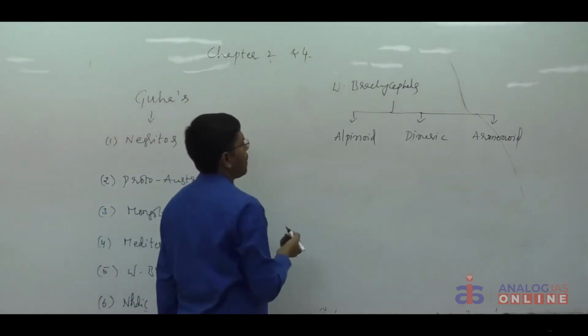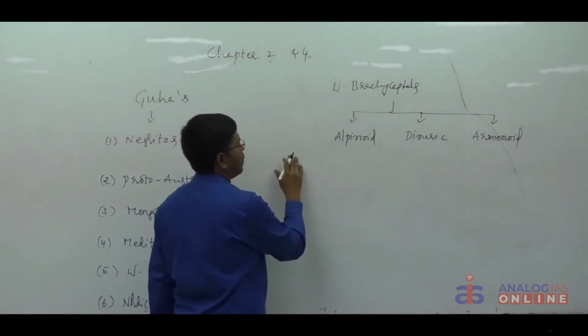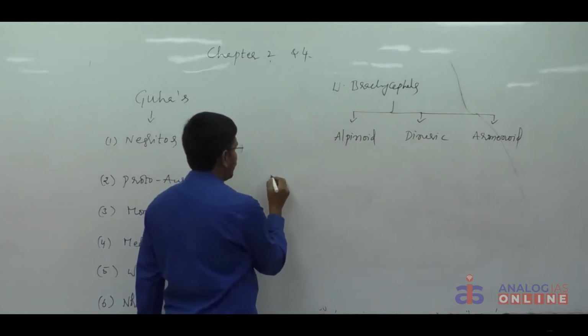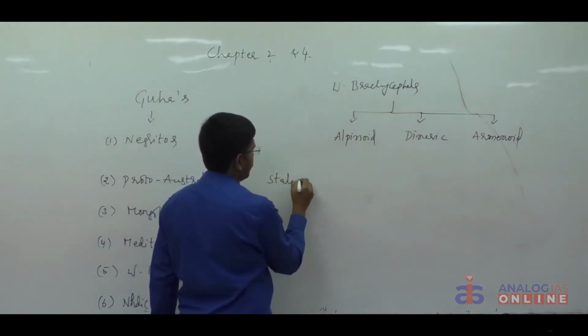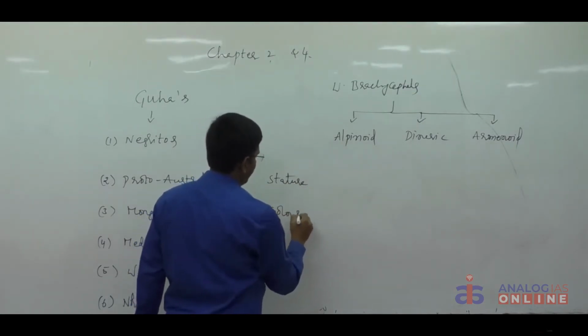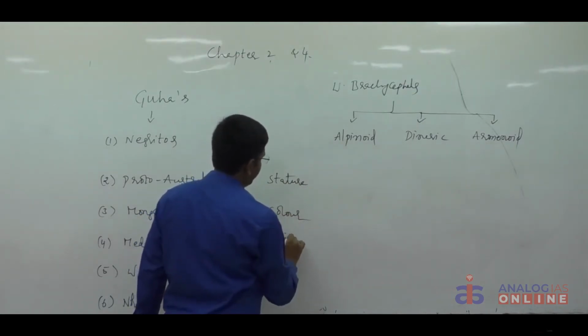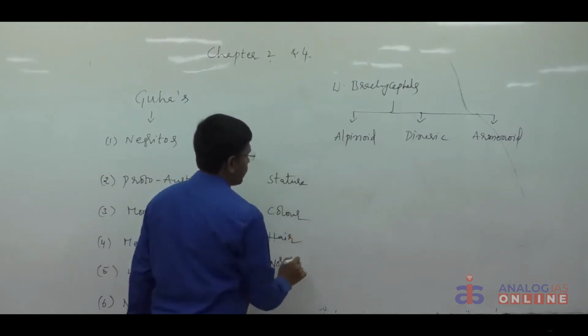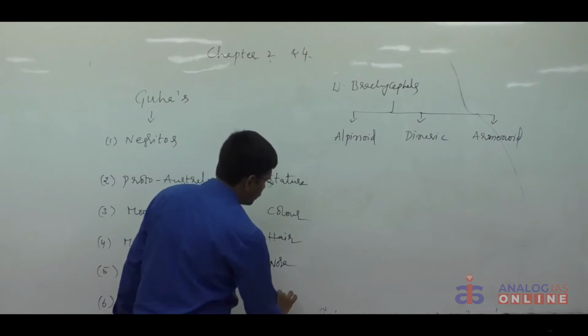Here also we are going to study them comparatively. One is stature, second one is color, third one is hair, fourth one is nose, and finally representatives.